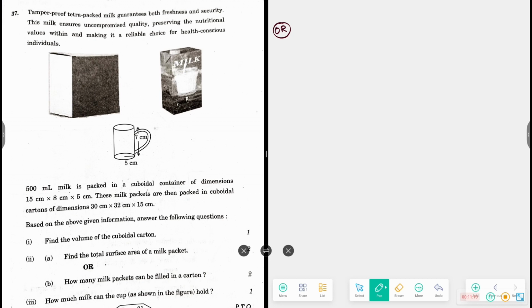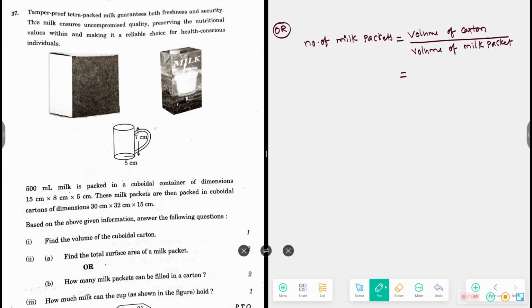So the number of milk packets that can be filled in the carton is equal to the volume of the carton by the volume of the milk packet. We have to divide both the volumes so that we get the number of packets that can be kept in the carton.